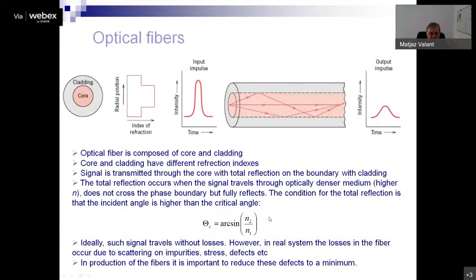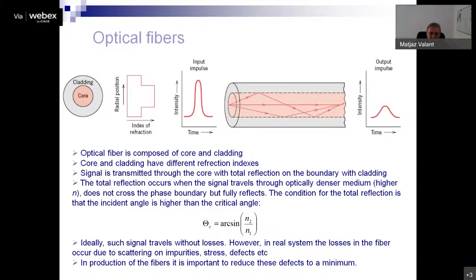How do they work? An optical fiber is composed of two major parts. One is the core, which is inside the fiber, another is the cladding. These two have to have different refractive indices in order to enable the total reflection of the light on the interface between these two phases.